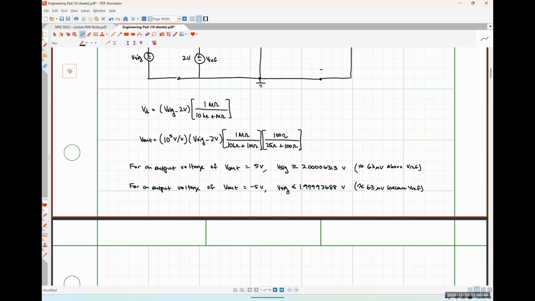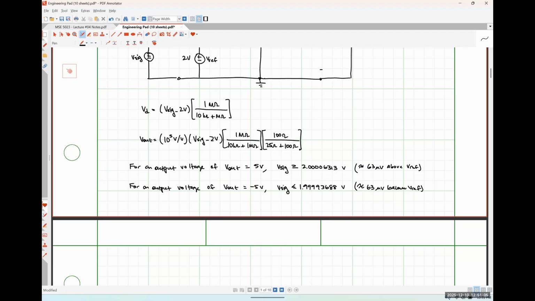So we have a voltage range of plus or minus 63 microvolts around Vref where we actually get amplification. Anything beyond that, we are saturating to one of our power supply voltages. Okay.